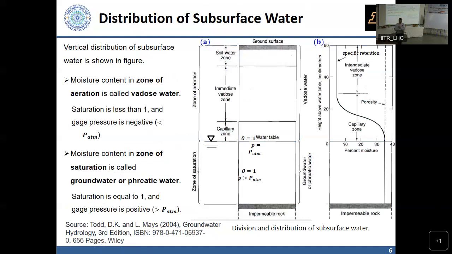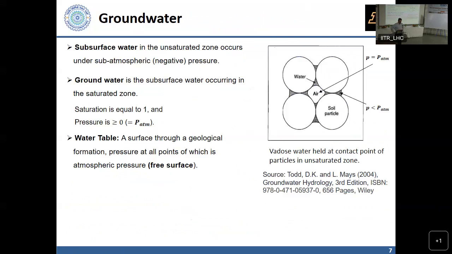Subsurface water, as we said, occurs under subatmospheric or basically negative pressures. Groundwater is what we are going to refer to as that portion of the aquifer that is completely saturated.